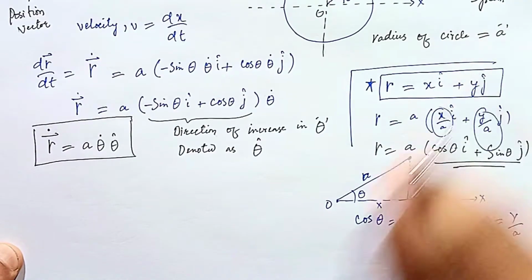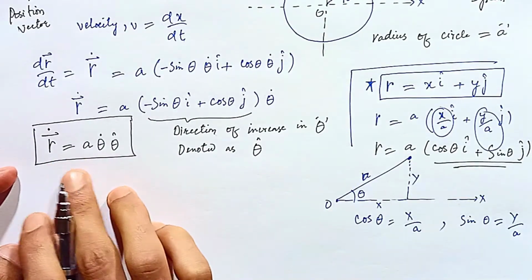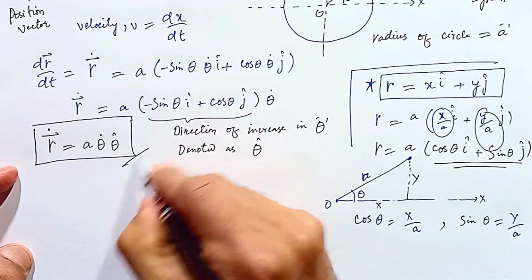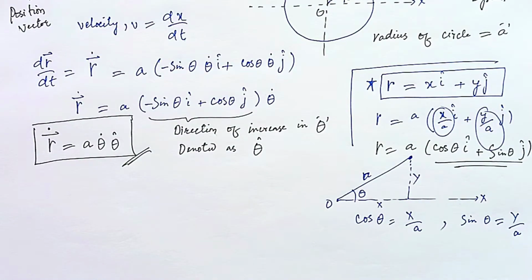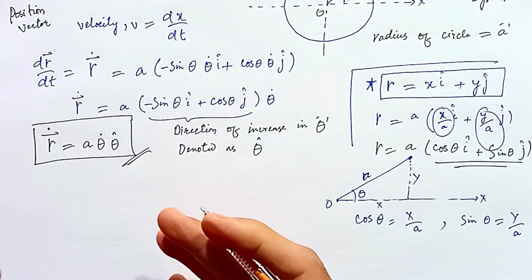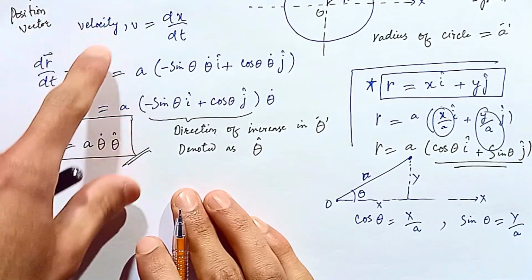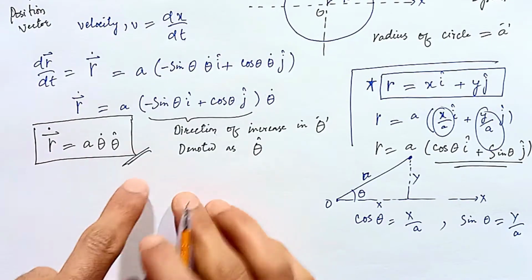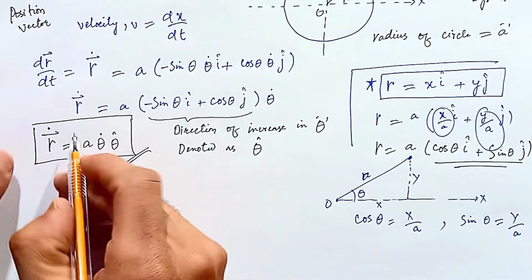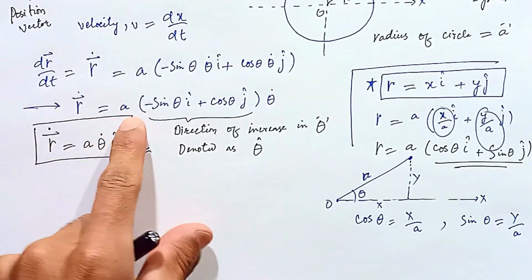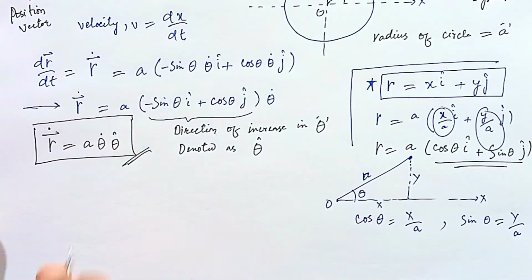So we will get the velocity equal to this. Now we have to calculate the acceleration, and acceleration means the double differentiation of the position vector. The first differentiation we got; now we have to differentiate it again with respect to time.